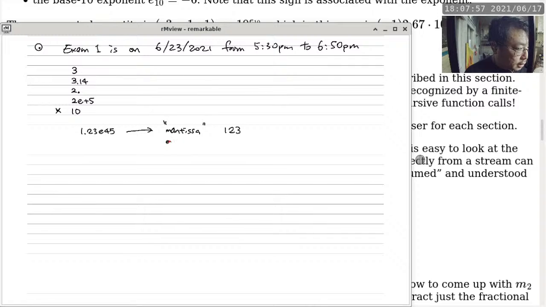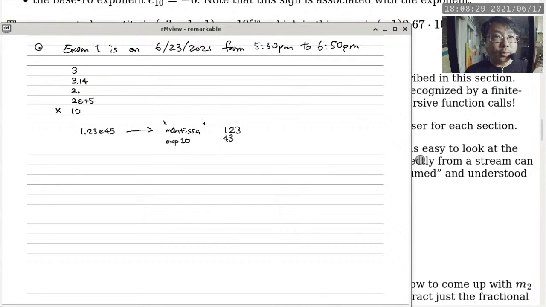And then we have the EXP10, or the exponent of 10. The exponent of 10 was originally 45, but because the mantissa now becomes 123, I have to account for the quantity of the mantissa now being 100 times what it used to be. So the exp10, in order to preserve the same value, is now going to be 43 instead of 45.